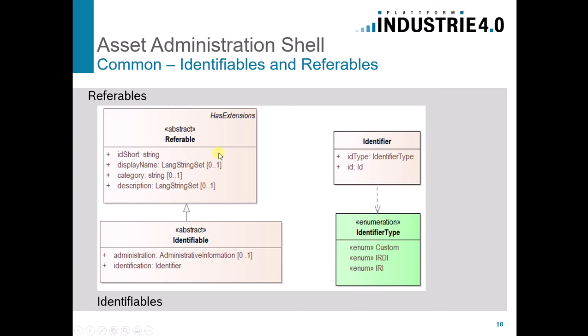An identifiable is of course also referable. Referable means that you can make a reference to this element in a unique way. But a referable does not have a globally unique identifier itself. It's only unique in its context. So you need an identifiable available so that you can uniquely address also the referable. Here the attribute idShort is the most important to know for the referable, to make it unique.